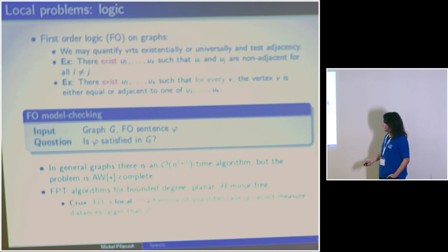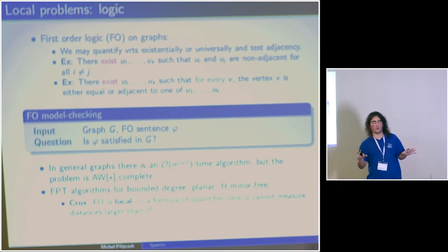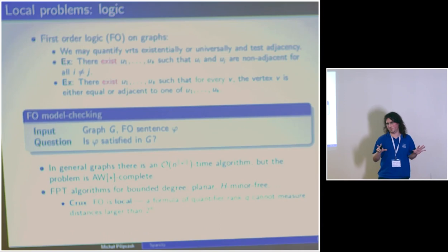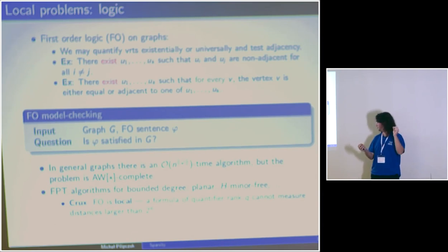The crux here is that first-order logic is provably local on graphs, in the sense that if you have a formula that has quantifier rank q, which means that it uses at most q quantifiers, it cannot measure too long distances.